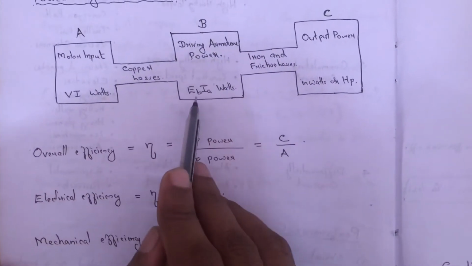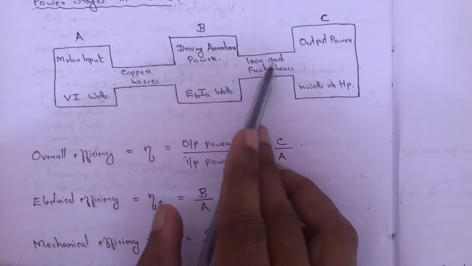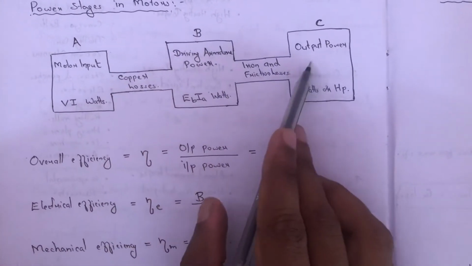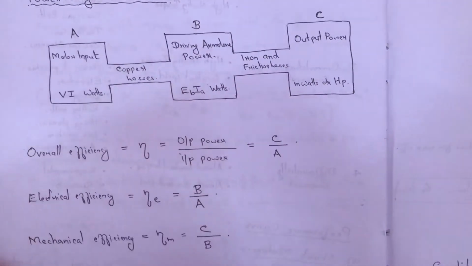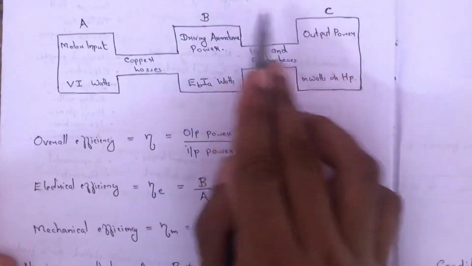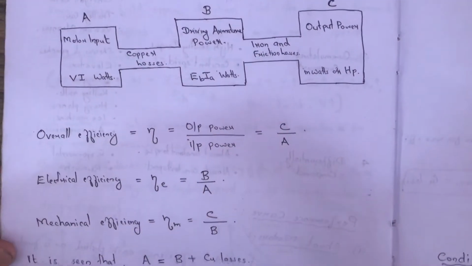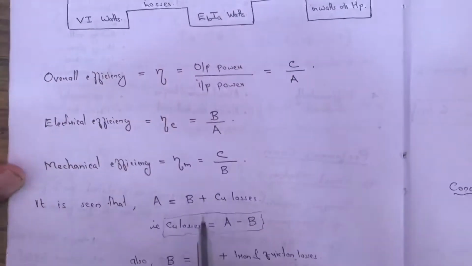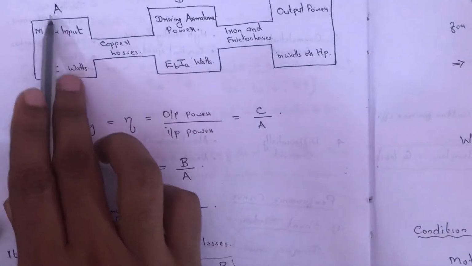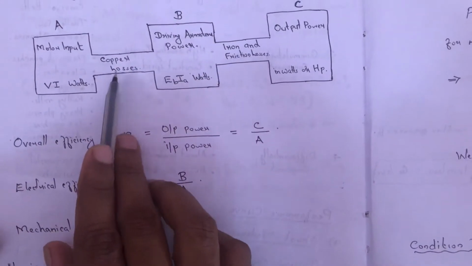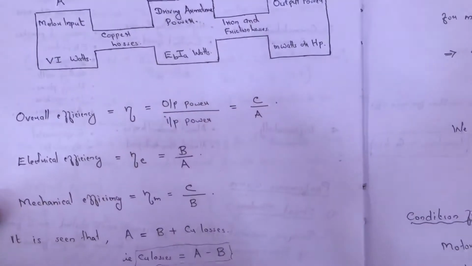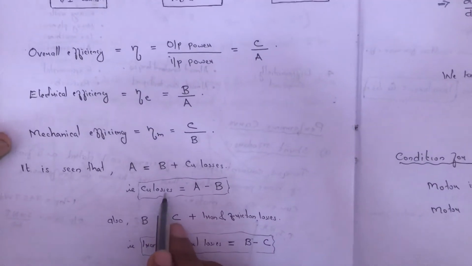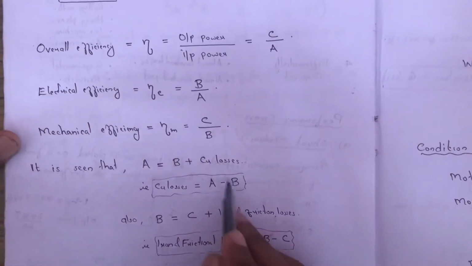After this stage it is the mechanical input power, so the electrical efficiency is equal to B by A and the mechanical efficiency is equal to C by B. From these stages we can write A equal to B plus copper loss, or stage B is equal to A minus copper loss. So copper loss is equal to stage A minus stage B.